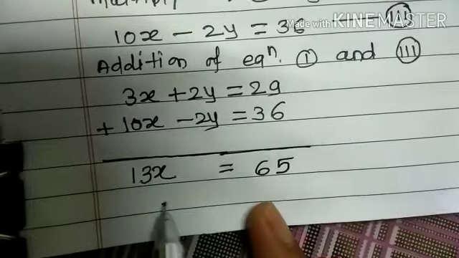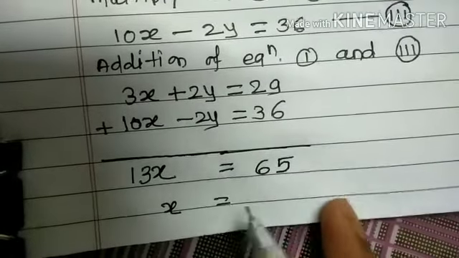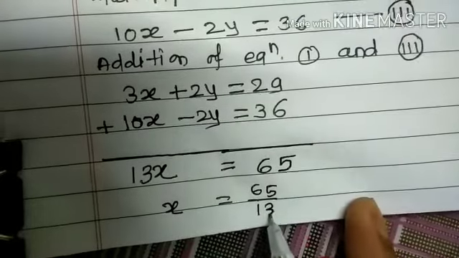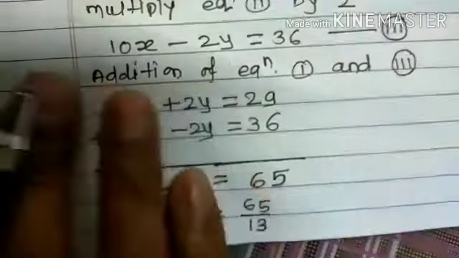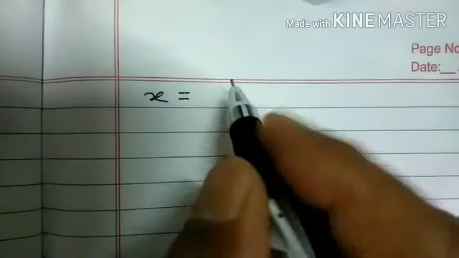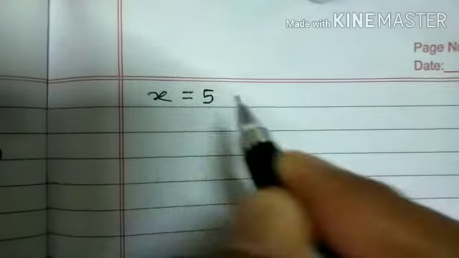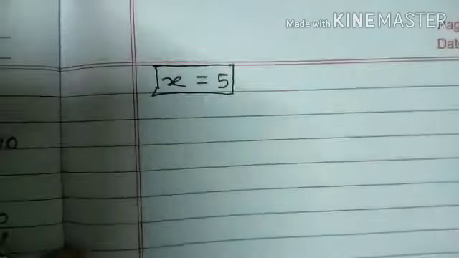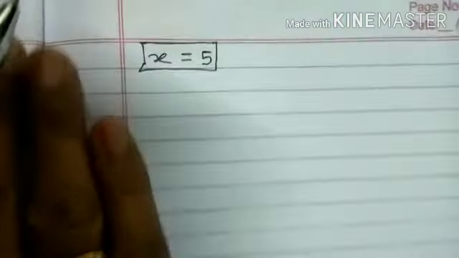Now x is equal to 65 divided by 13, then x is equal to 5. Here one value is found and this value is 5.